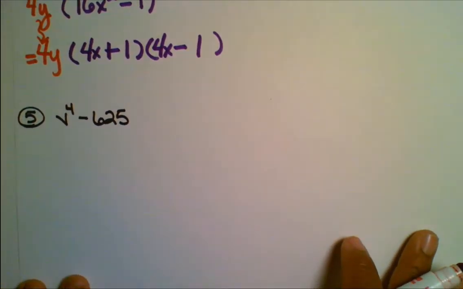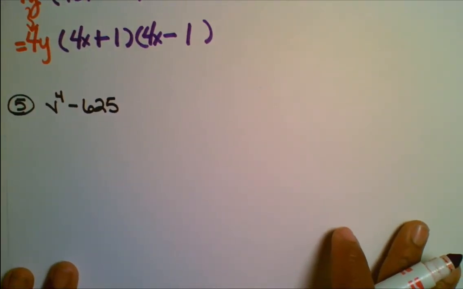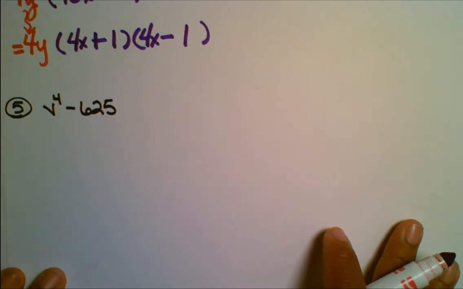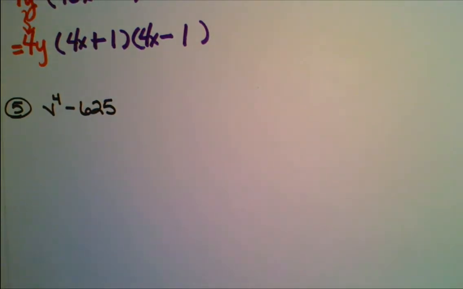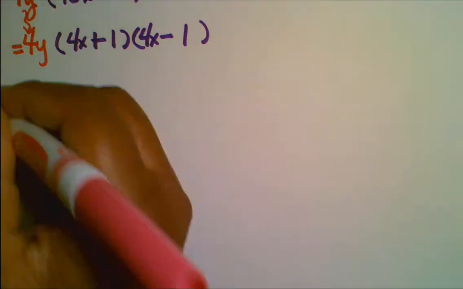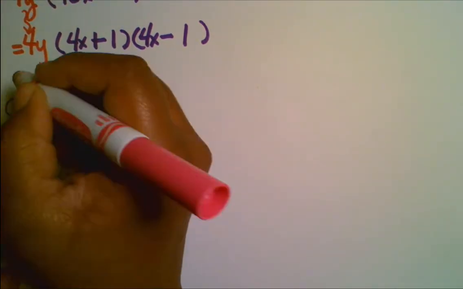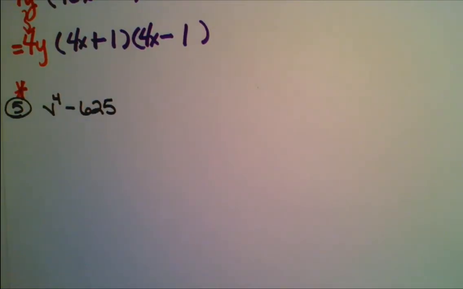Example 5. We have v to the fourth minus 625. Let's put an asterisk next to this question because this is going to be a multi-step question. One reason, because we have a power of 4. If you looked at the other examples, as we factored, the highest power was 2.